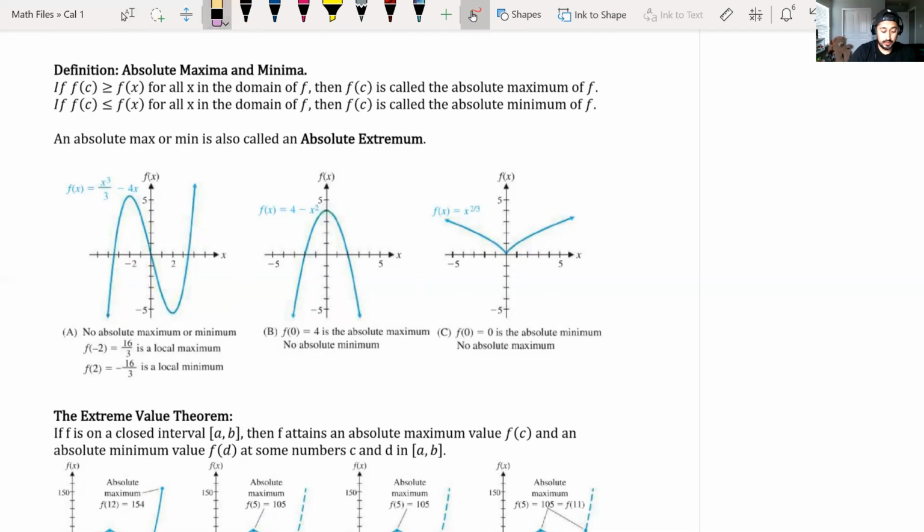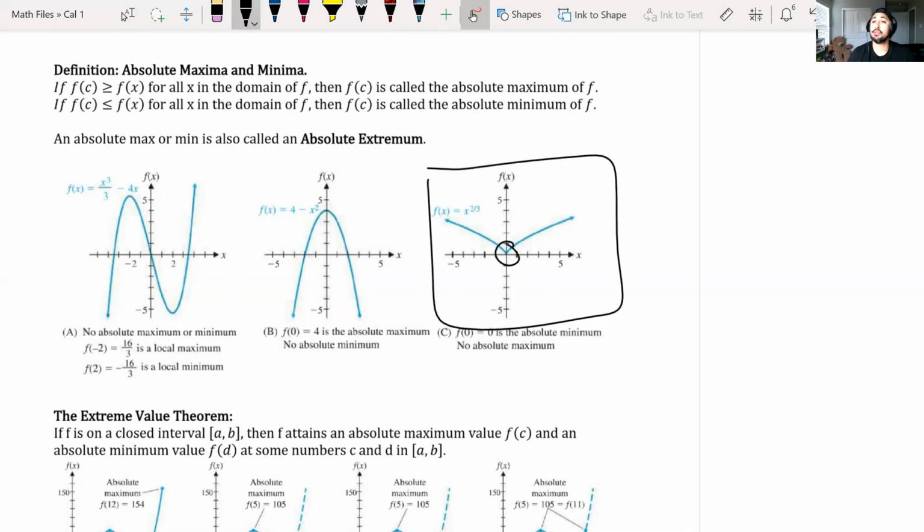And then to be an absolute minimum, you have to be the absolute lowest point on the graph, which is represented by the third graph. This point here, 0, 0, is the absolute lowest point of the graph.